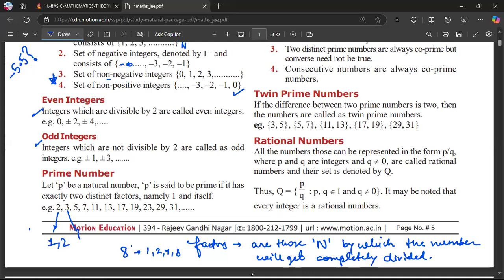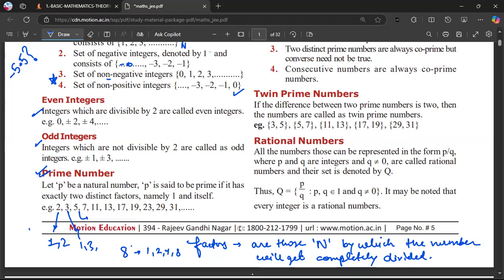Factors of 3 are 1 and 3. There cannot be any other factor because it's a prime number. Same goes for every prime number, there will be only two factors: 1 and the number itself. So these natural numbers are termed prime numbers. Everything clear about prime numbers? Yes, sir.